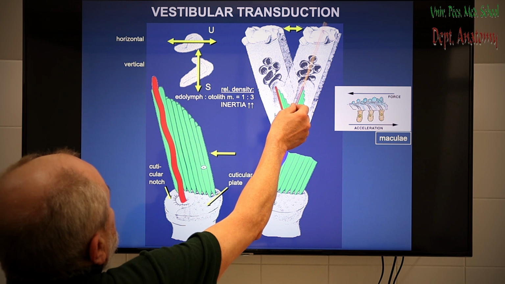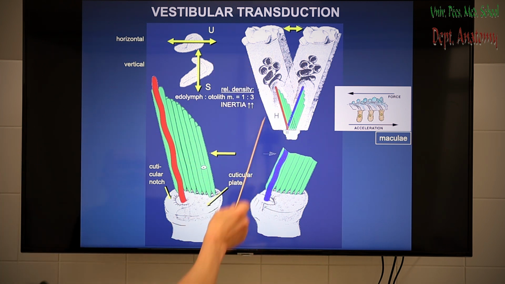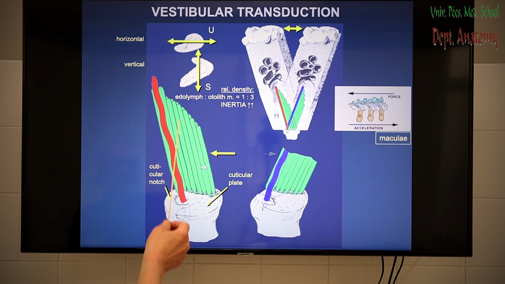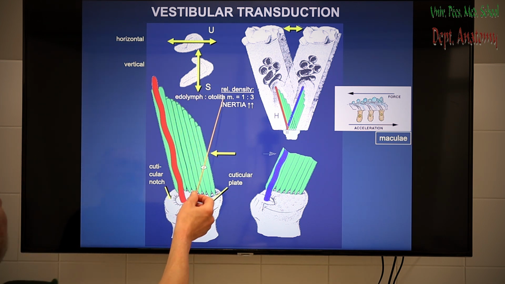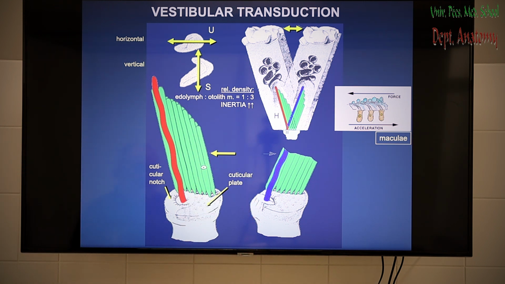The otoliths are embedded on top of the otolith membrane because they increase the inertia of the whole organ relative to the normal density of the endolymph. Having the otoliths increases the inertia by 3 times. Therefore the receptor becomes more sensitive, applying that load on top of the membrane.